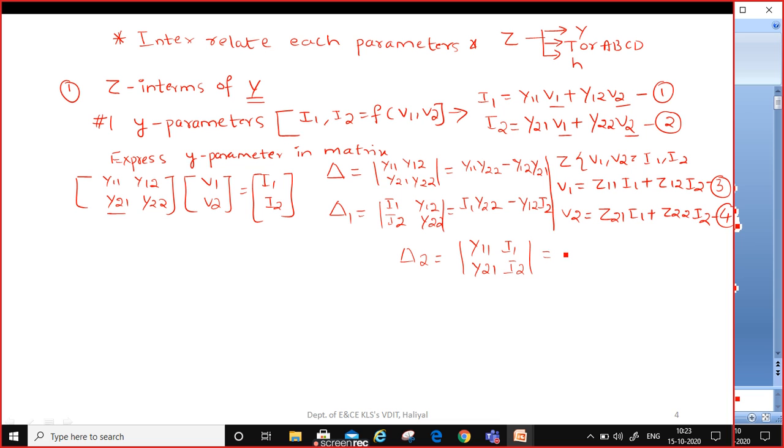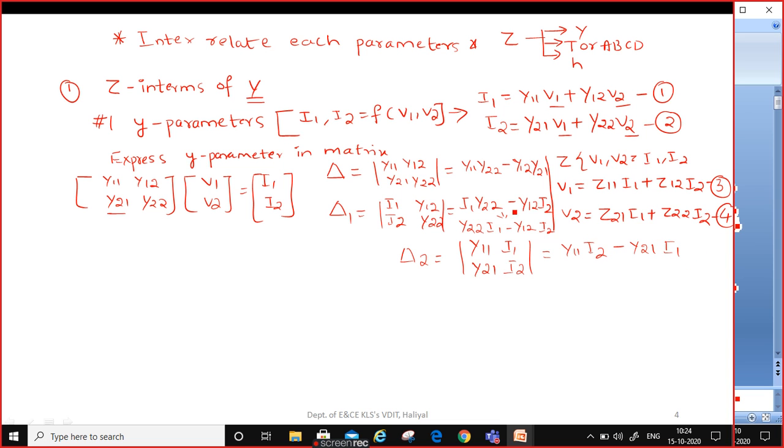Better you write it in terms of I1 and I2, and you will get y11 I2 minus y21 I1.